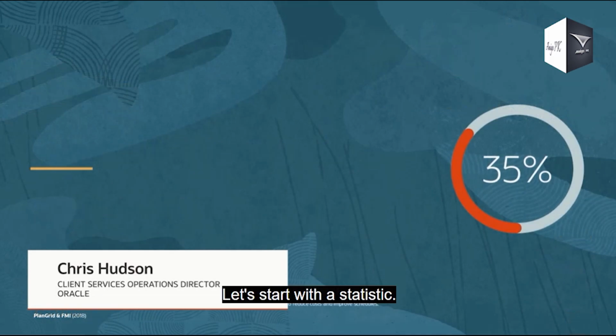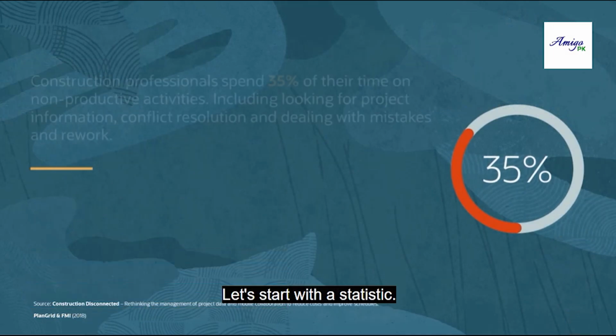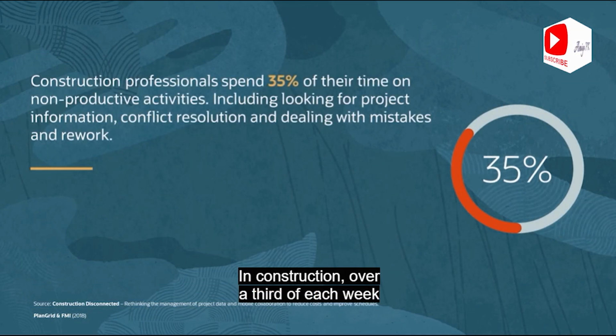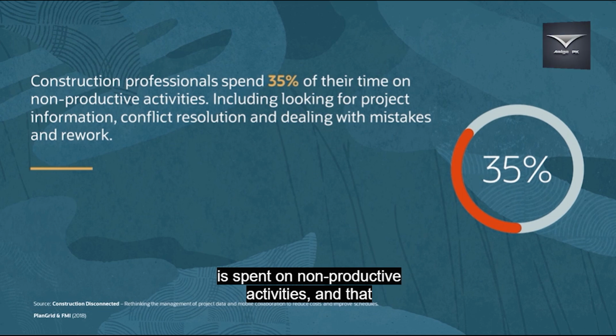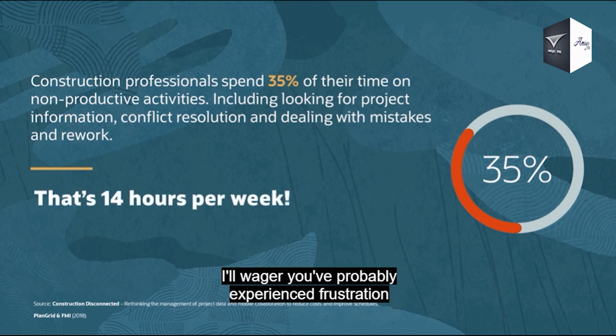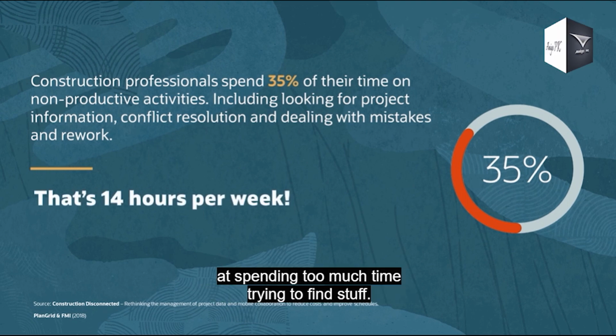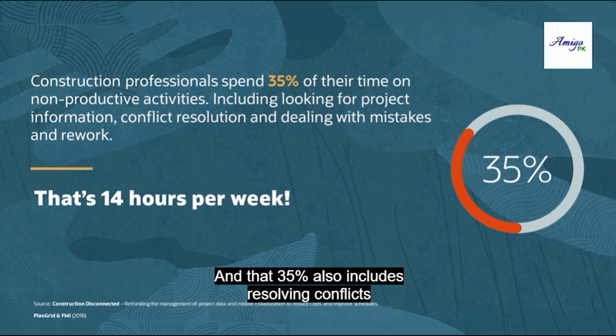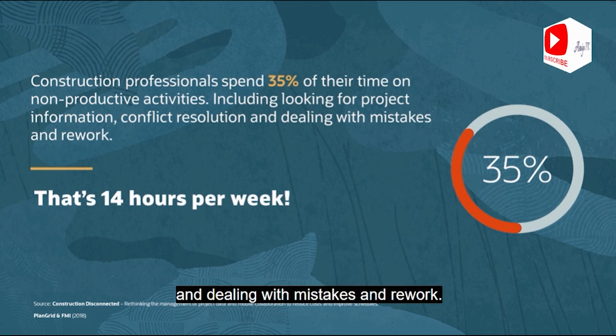Let's start with a statistic. In construction, over a third of each week is spent on non-productive activities, and that includes looking for information. I'll wager you've probably experienced frustration at spending too much time trying to find stuff. And that 35% also includes resolving conflicts and dealing with mistakes and rework.